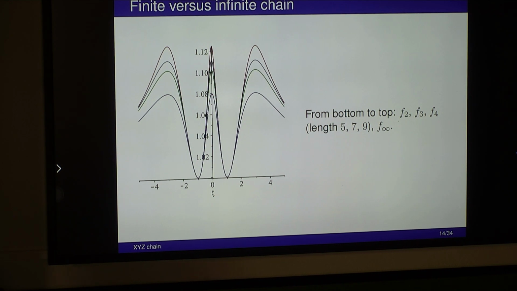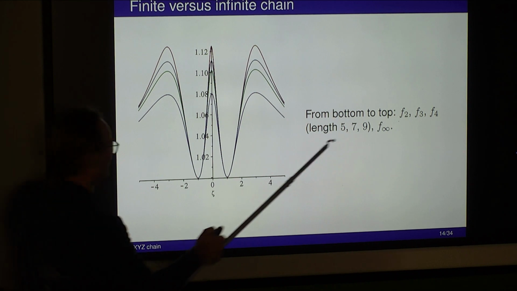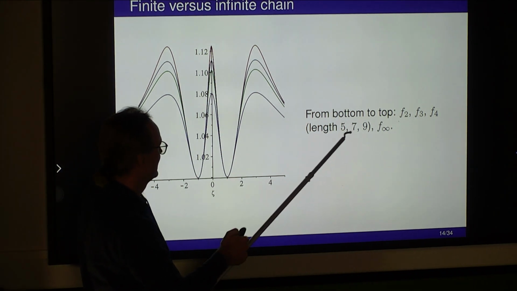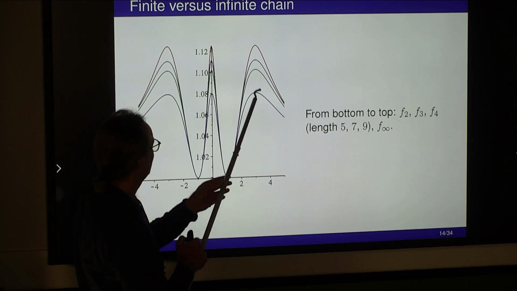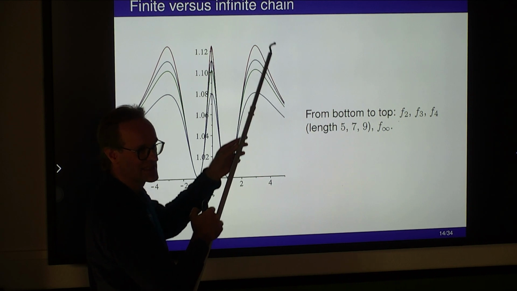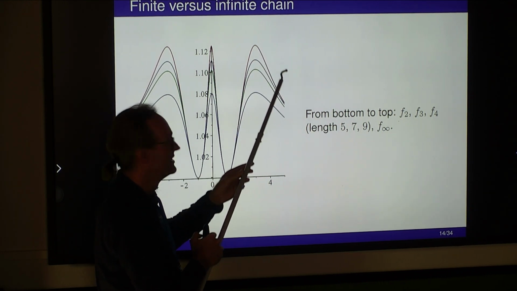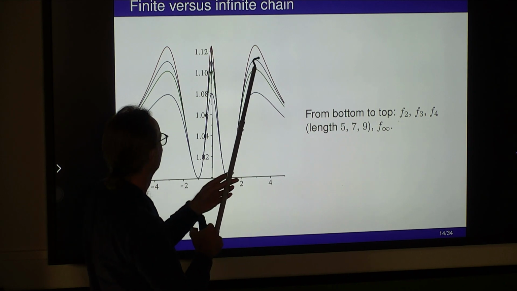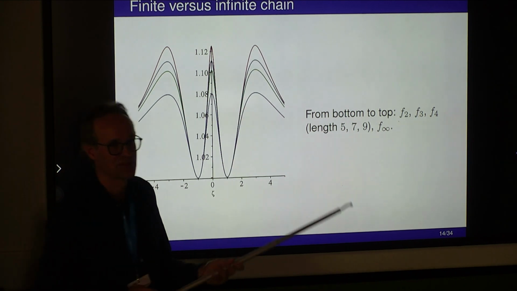I plotted this F_n for n is 2, 3, 4, which corresponds to chains of lengths 5, 7, and 9. They are here, and the one on the top is F infinity, which is just a piecewise rational function. And you see, even for length 9, you're at most 1% away from the true thing.